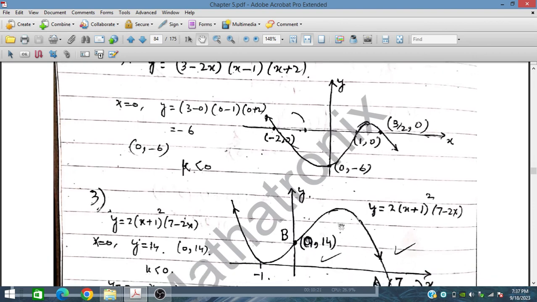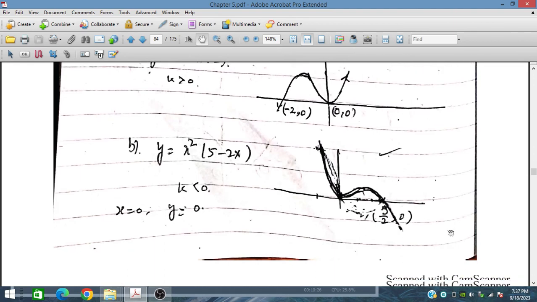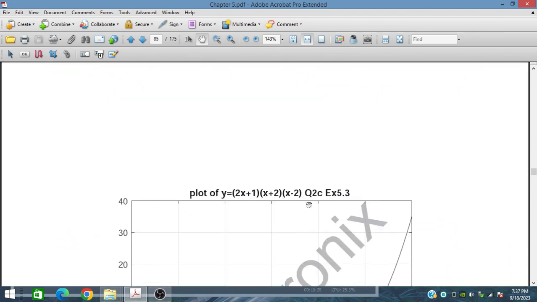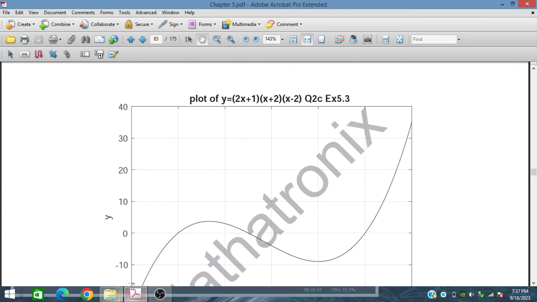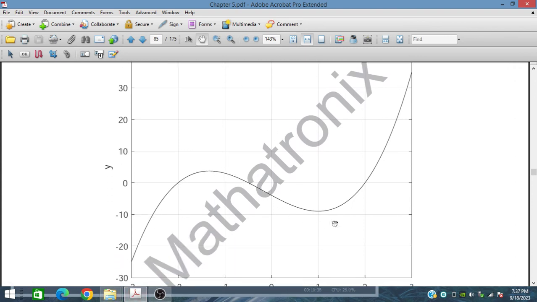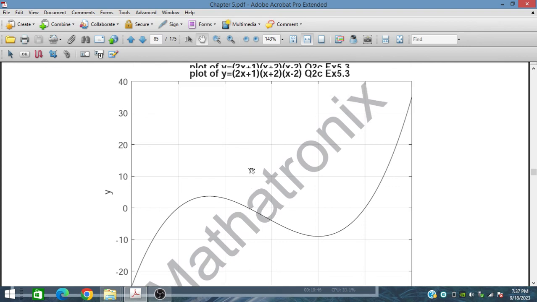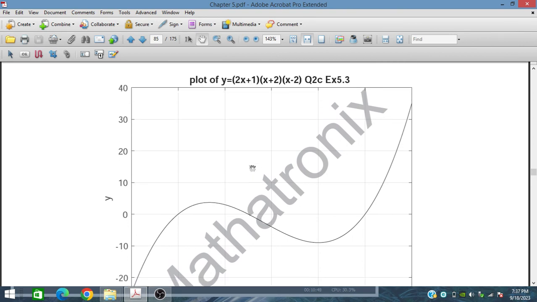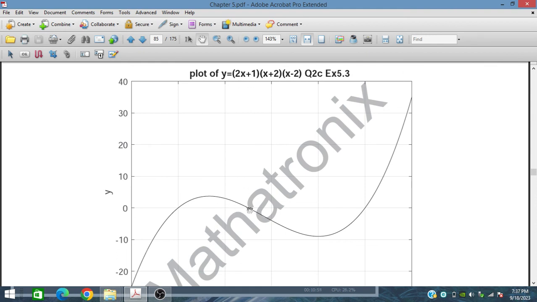So let's draw this question 2 first. Let's see question 2c. We see this is all positive, so the curve will be like this. And this is minus 2, and this is minus 1.5 or minus 3 upon 2. Sorry, minus 1 upon 2. So this is minus 1 upon 2, and this is x equal to 2.